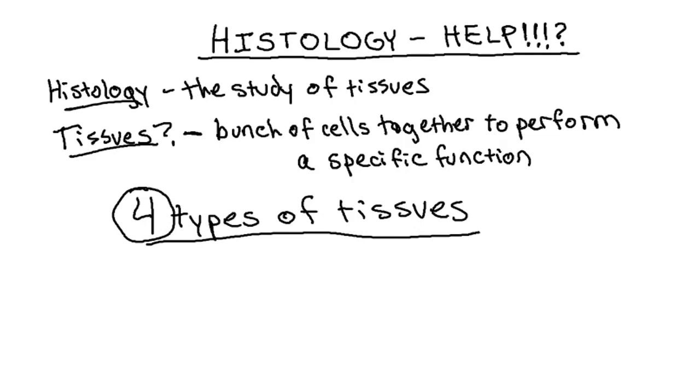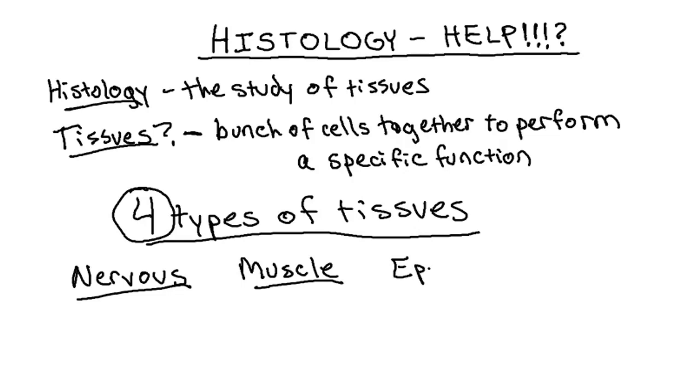So we can narrow it down: the nervous tissue, the muscle tissue, epithelial tissue, and I always remember how to spell that because I go epi, the, leal, and connective tissue.